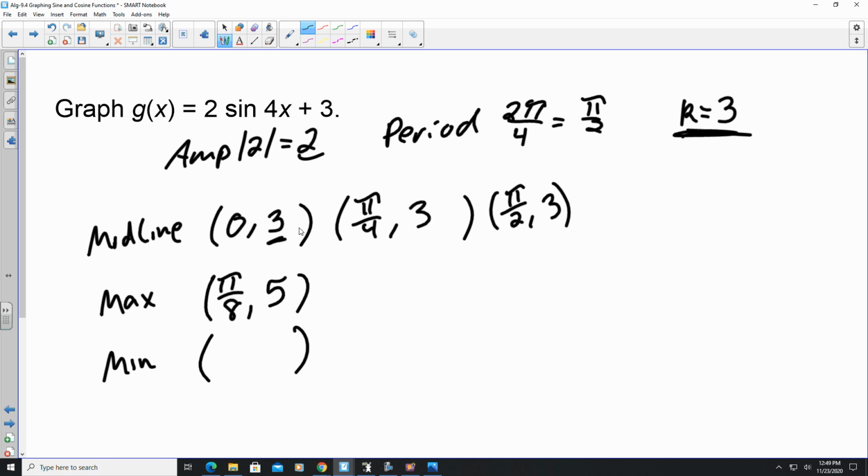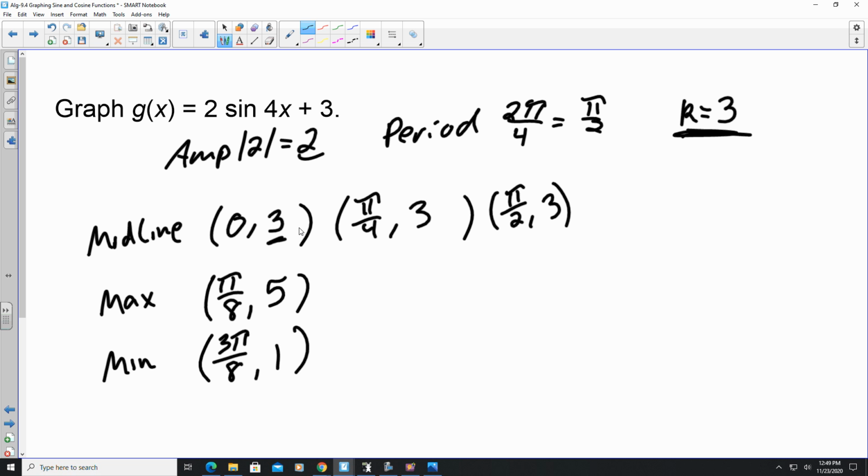Finally, my minimum value comes from 3/4 times the period. So 3/4 times the period will give me 3 pi over 8, comma. Now we take our midline y value and subtract 2, which gets us 1.